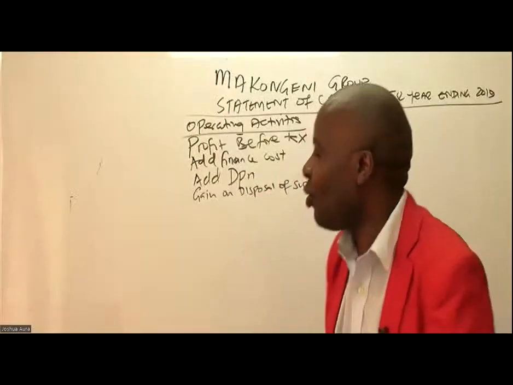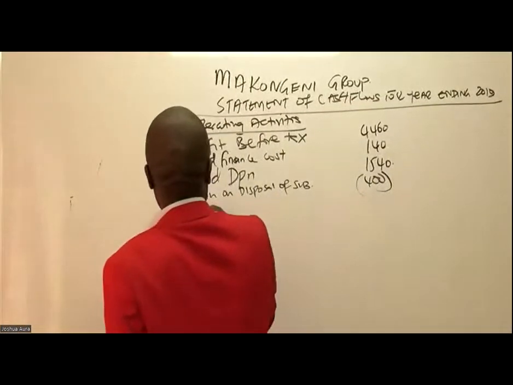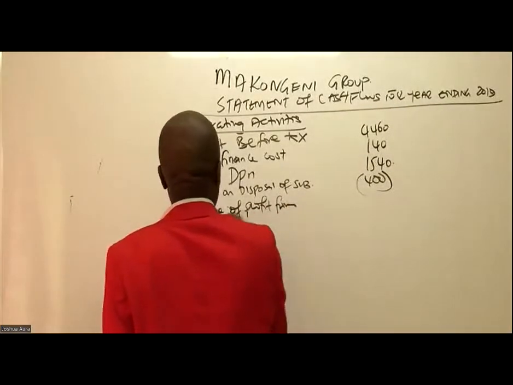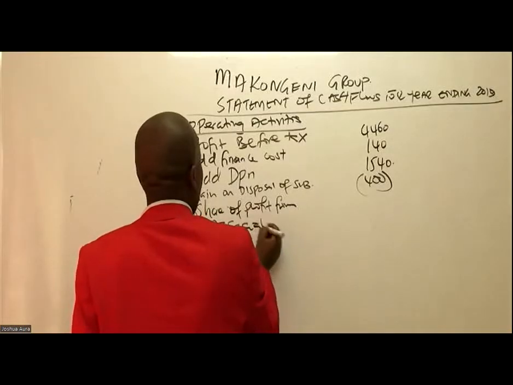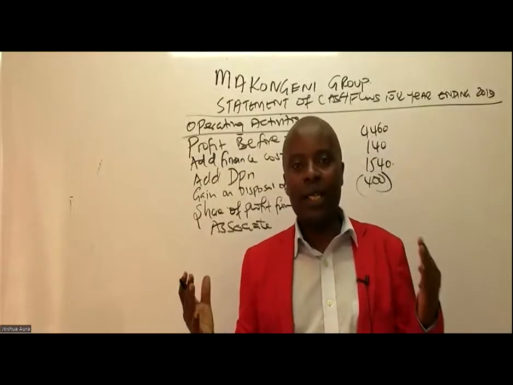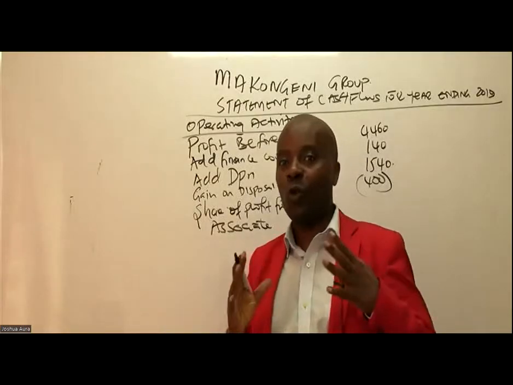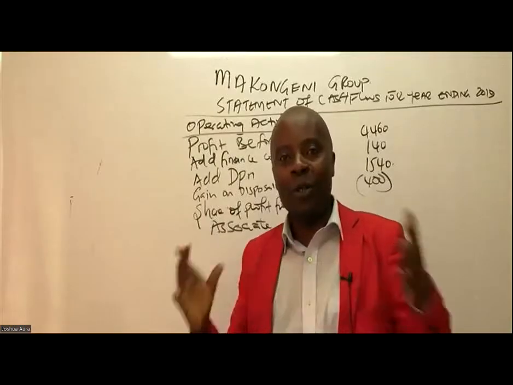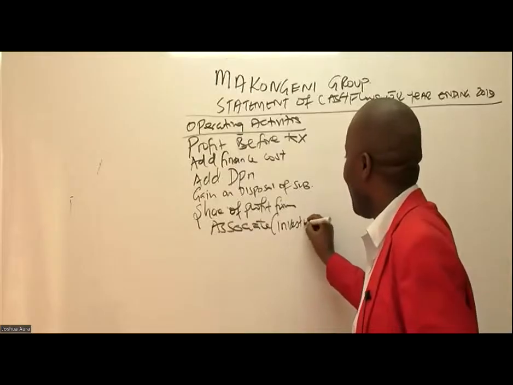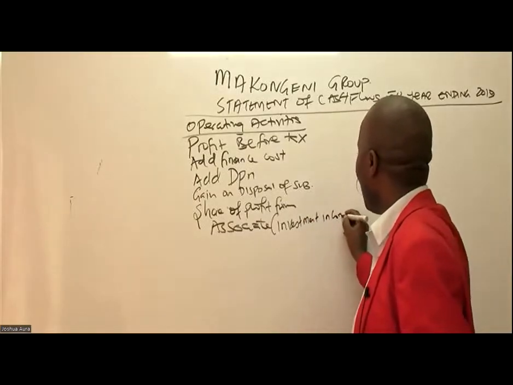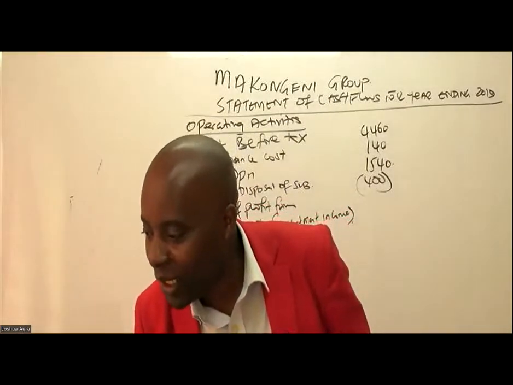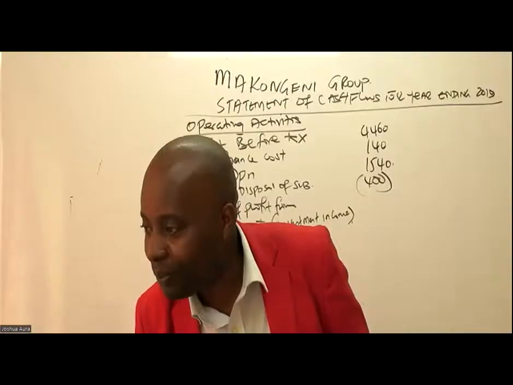So we have here share of profit from associate. I must also demonstrate a broad and deep understanding of the subject, so I'll write for the examiner here: investment income. Then I'll scare the examiner. It's good at times to scare them.